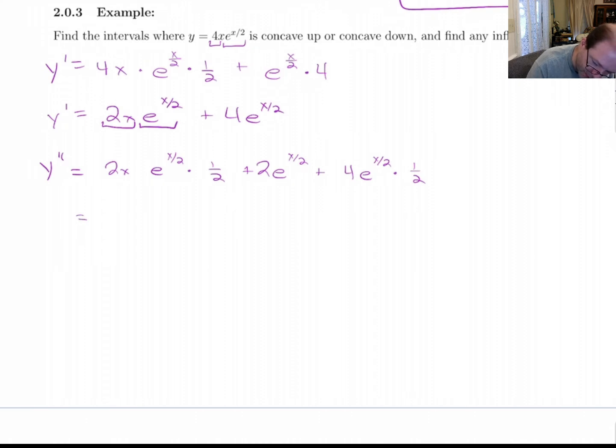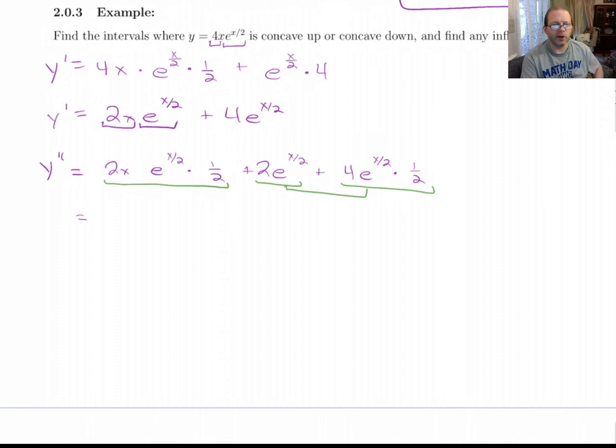So let's look at this. We've got 3 different bits to this. We've got this, this, and this. I was going to factor stuff out, but notice these two are actually the same terms. They're both just e to the x over 2 with the coefficient.